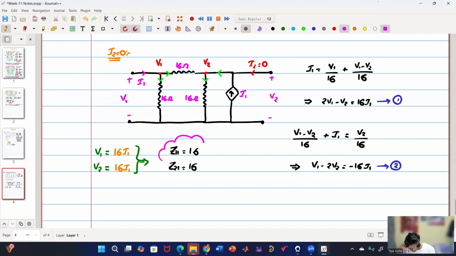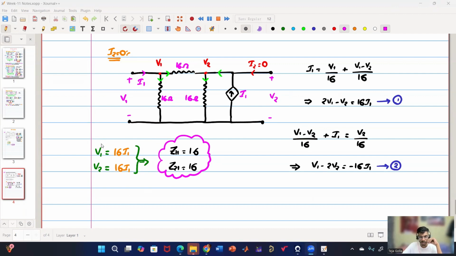So others are able to get the same expression. Shamita, Parvatam, Nandini, are you getting these values? Z11 equal to 16 and Z21 equal to 16. Nandini is saying she's getting 16.66.